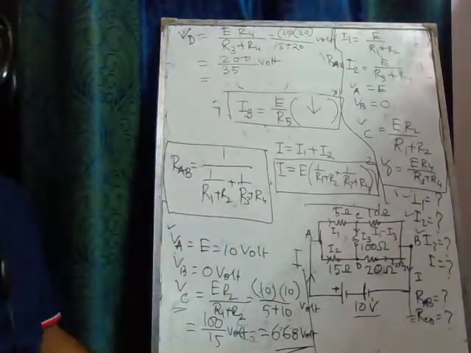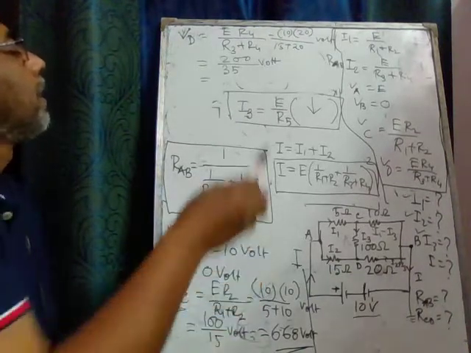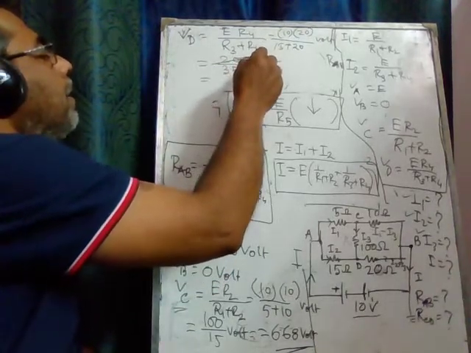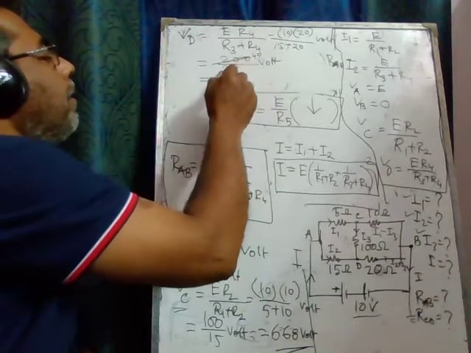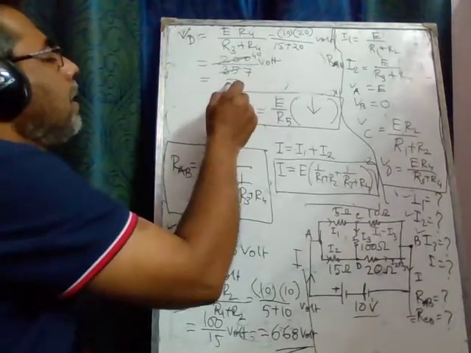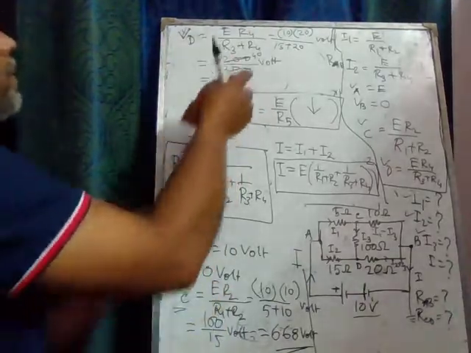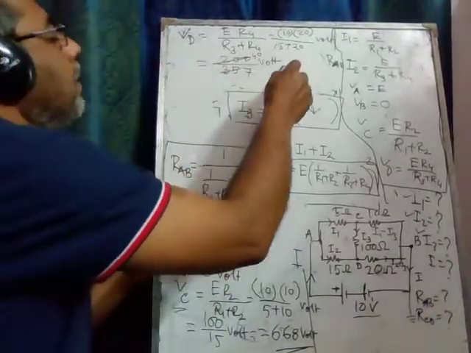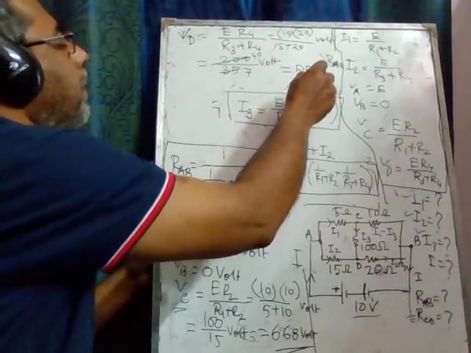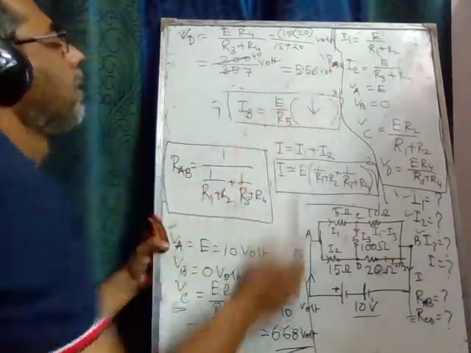That means this is nothing but 40 over 7 volt, which is 5.55, and rounded to 5.56 volt.